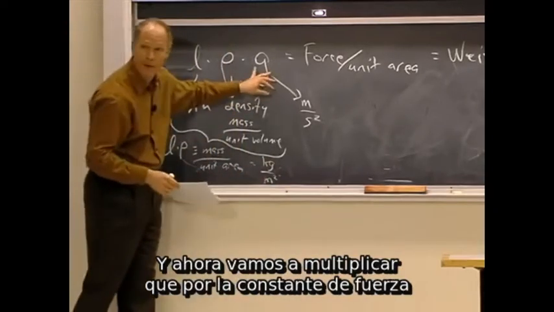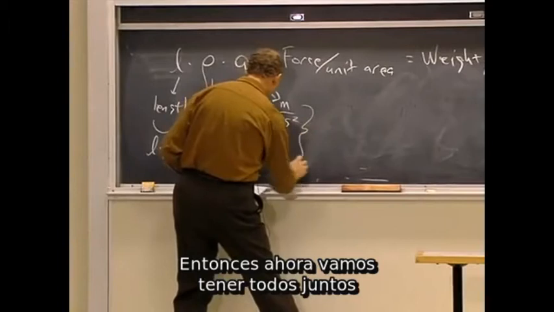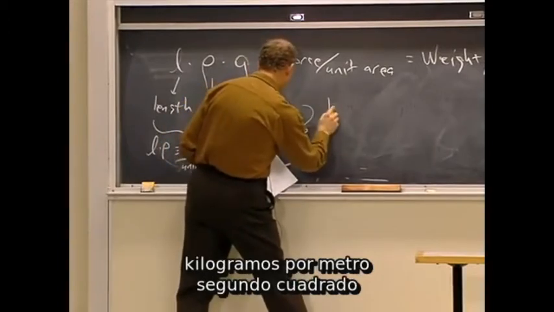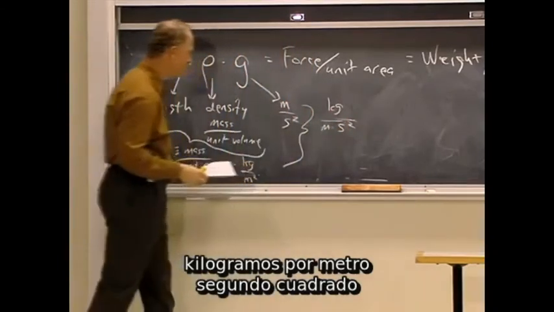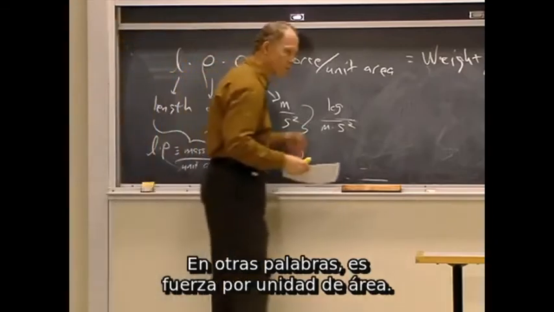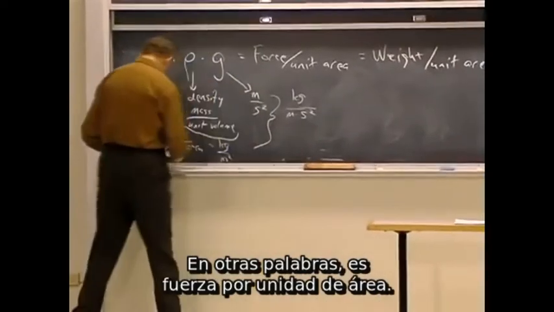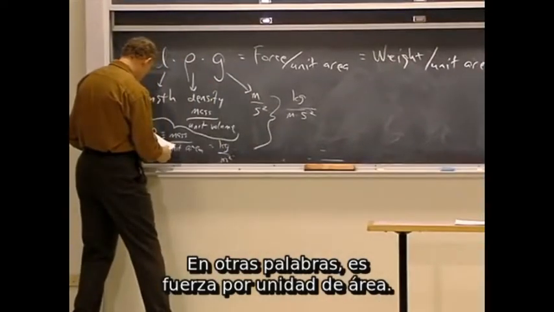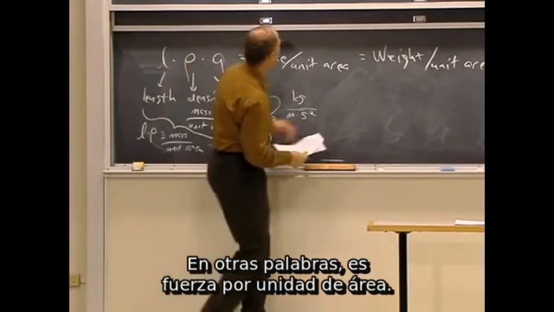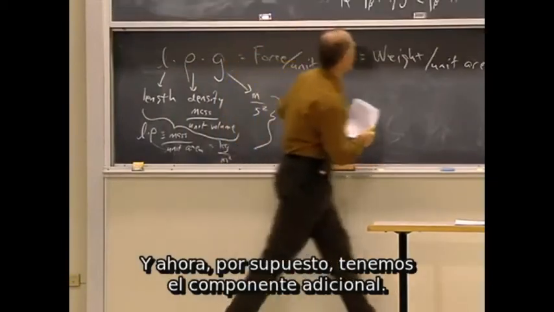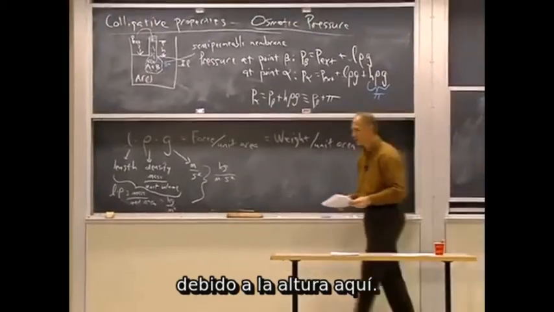And now we're going to multiply that by the gravitational force constant. So now we're going to have all together kilograms per meter second squared, right? In other words, it's force per unit area, right? Wait a minute. Is this correct? Yeah. Okay. And so that's what we have. And now, of course, we have the additional component due to the height here, right? Okay.